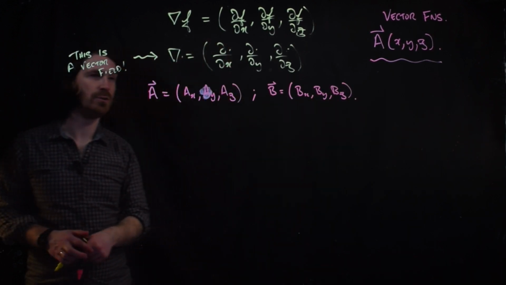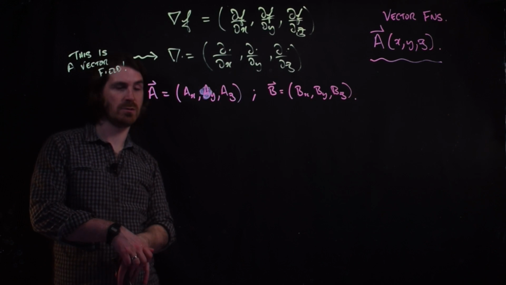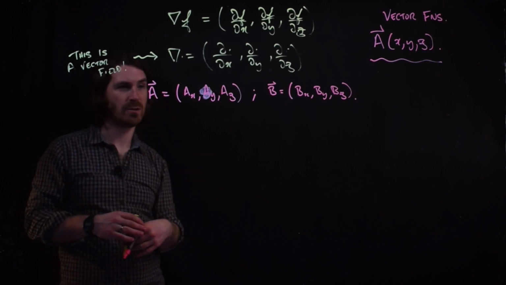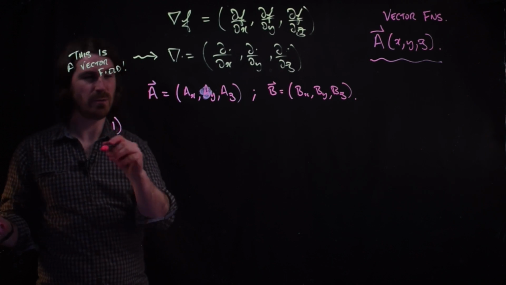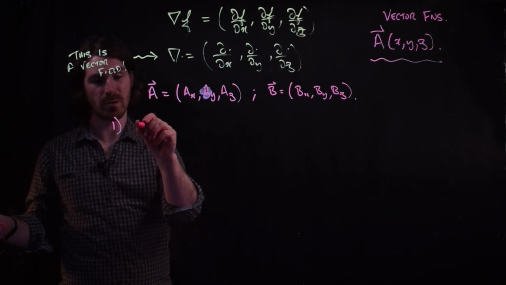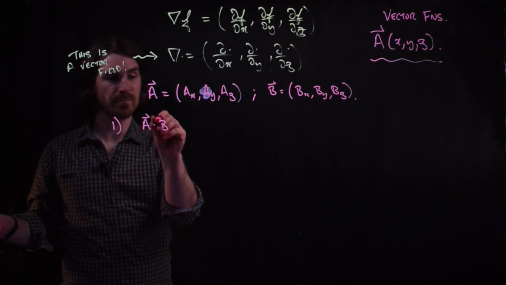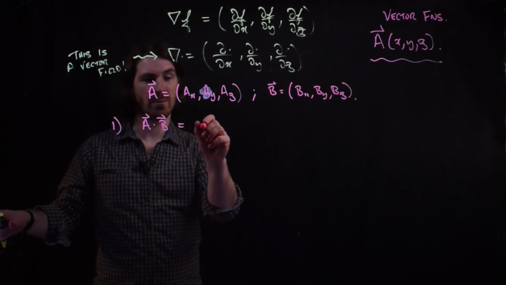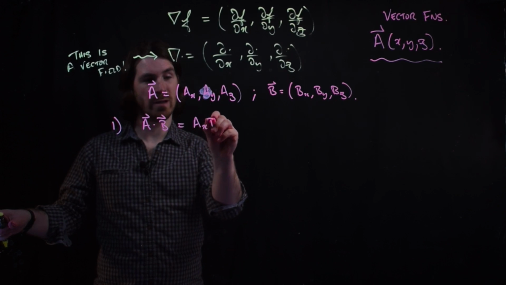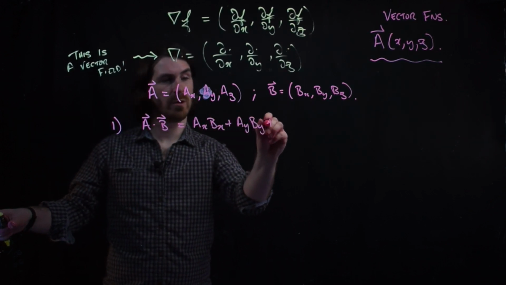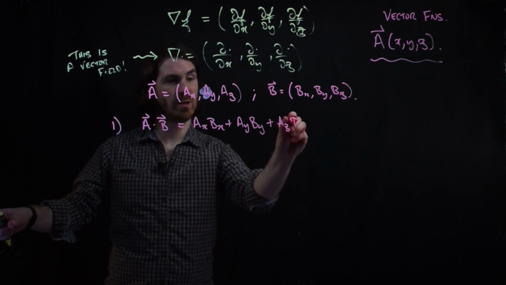What can we do to those two vectors? How can we join them, or how can we get them to act on each other? Well, there's one thing we can do. We can take the dot product, the scalar product, a dot b, and this is equal to ax bx plus ay by plus az bz.